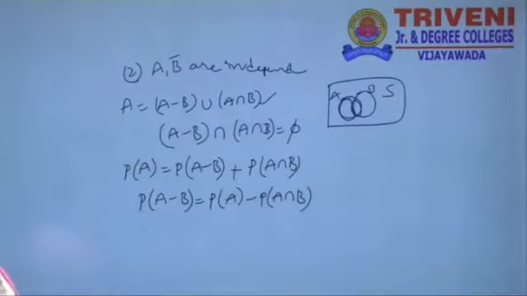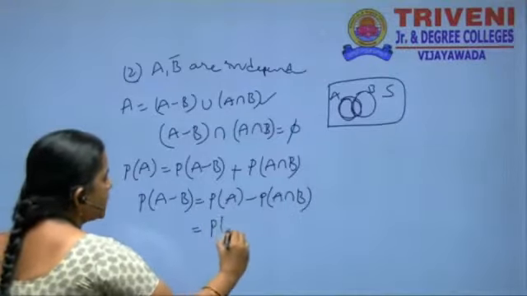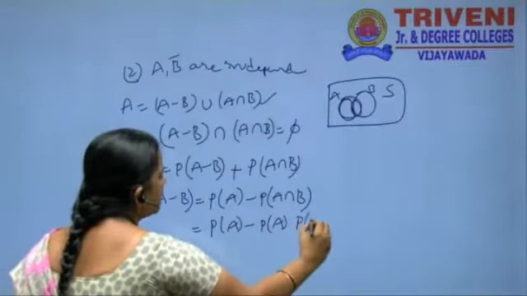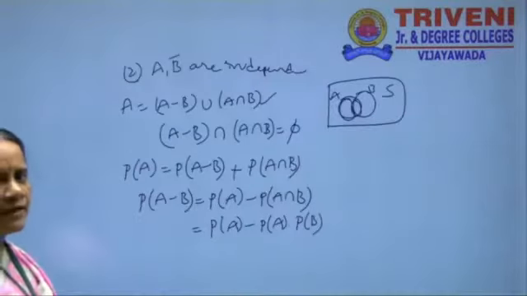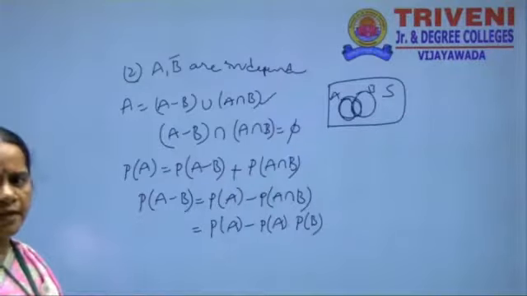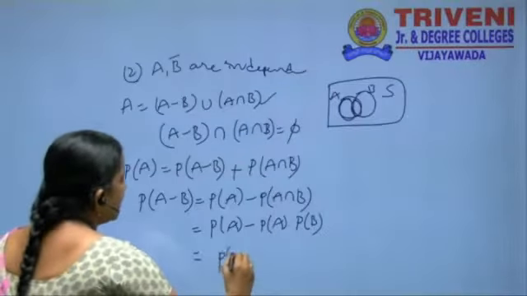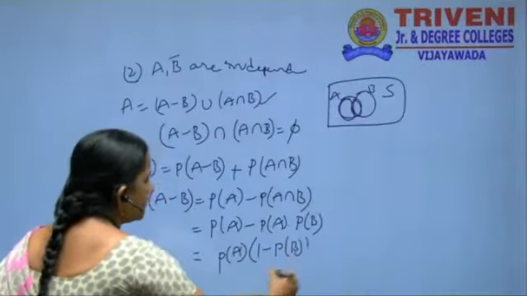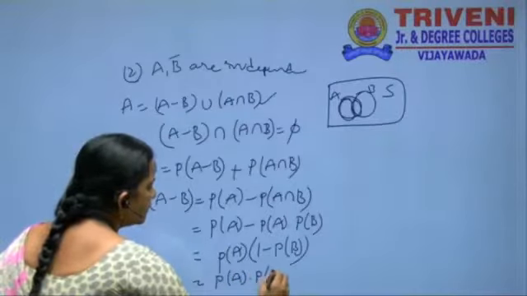Here we have A and B are independent events. Then P of A minus P of A into P of B. Why are we writing here that A and B are independent events? Because then you have to write P of A into P of B. Here the common is P of A, so 1 minus P of B, and 1 minus P of B is nothing but P of B bar.